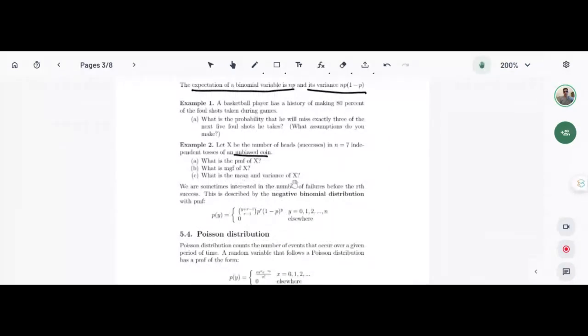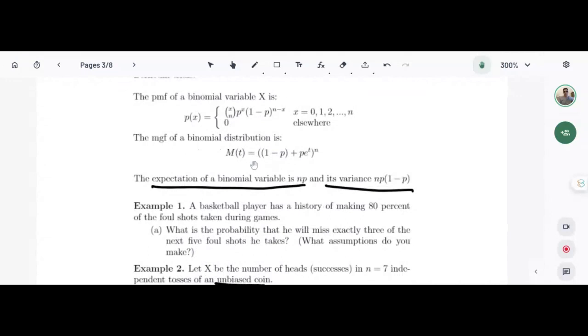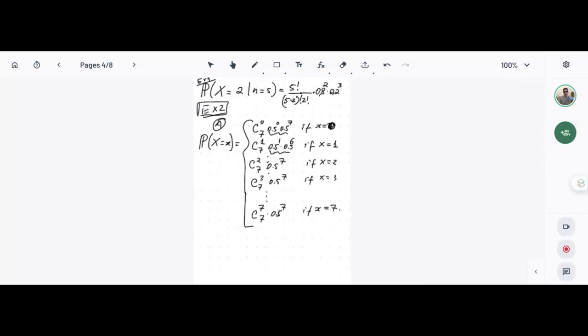The mean and variance of X are easy to find. Use these formulas. Look, we have the moment generating function of the binomial distribution. You just plug in 0.5 here. If you want to write it for this particular case where n is equal to 7, that is the a part. In the b part, the moment generating function of X is going to be equal to p plus 1 minus p times e to the power t, all to the power 7.